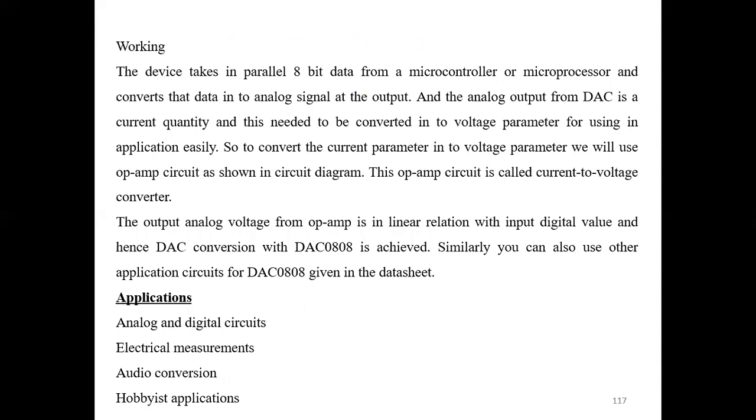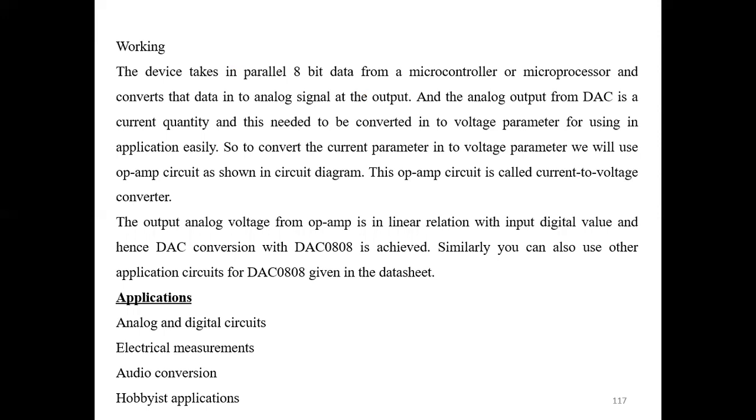This device takes in parallel 8-bit data from a microcontroller or microprocessor and converts the data into an analog signal at the output. The analog output from the DAC is a current quantity and needs to be converted into a voltage parameter for use in applications.